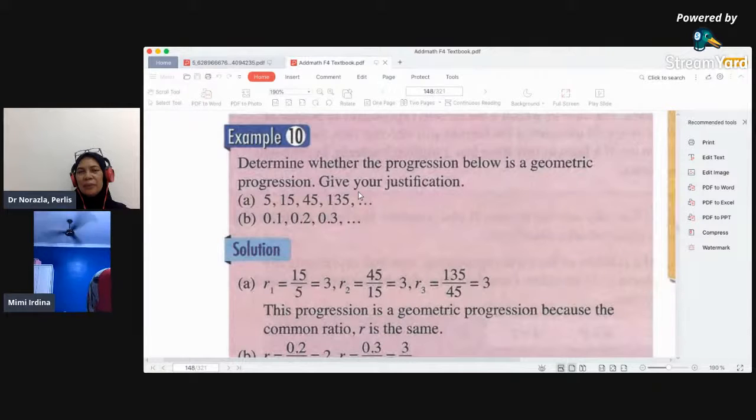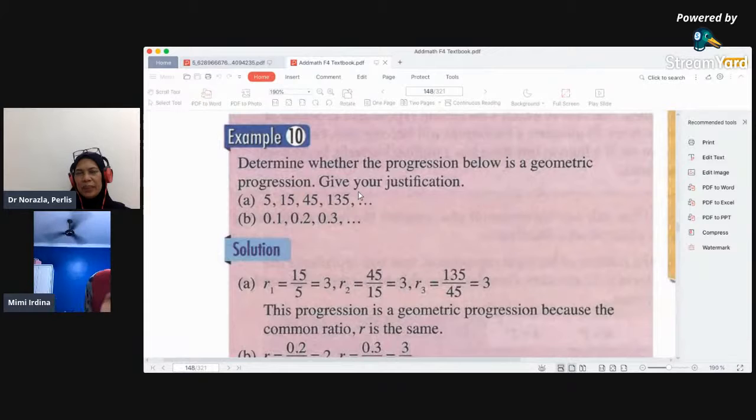So maybe you can explain first the first sequence consists of the first four terms, which is the first term is 5, the second term is 15, the third term is 45, and we have the fourth term is 135.